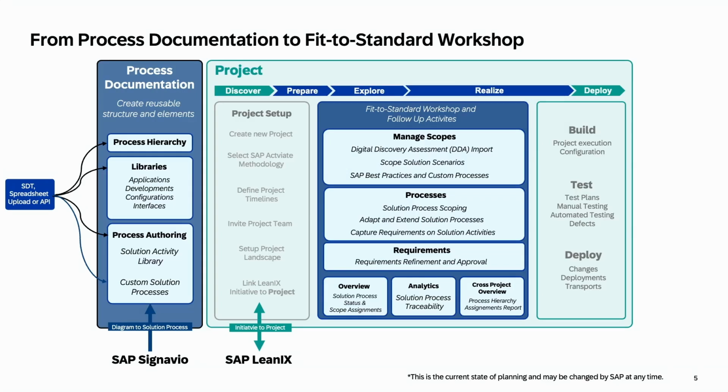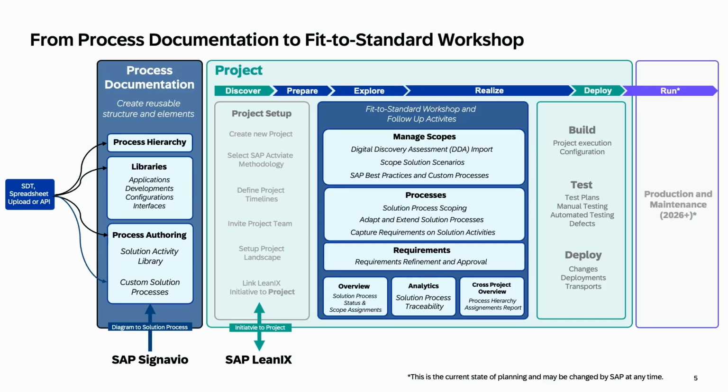Then we can refine these requirements, we can approve the requirements in the tool, and assign follow-up activities as user stories to a configuration expert, for example, if there needs to be a specific configuration done. So what we have missing today is the process lifecycle, but that's why we are here today. But let me first finish what we have in the tool today available, and then Daniel will show you the future.